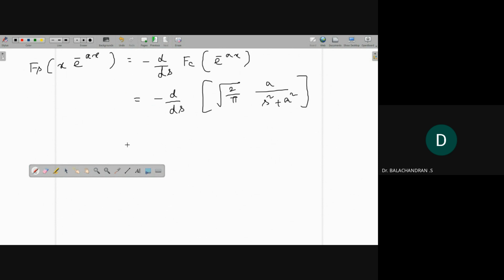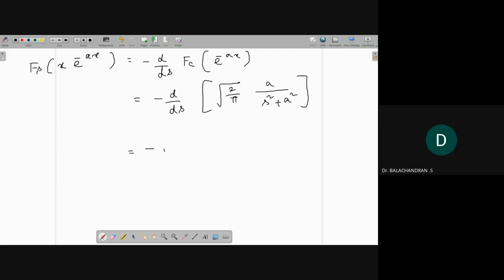Now if you differentiate this function with respect to s, you will have minus root 2 by pi. Differentiating 1 by x gives minus 1 by the square, so we have a by s square plus a square whole square, and differentiating s square plus a square gives 2s.